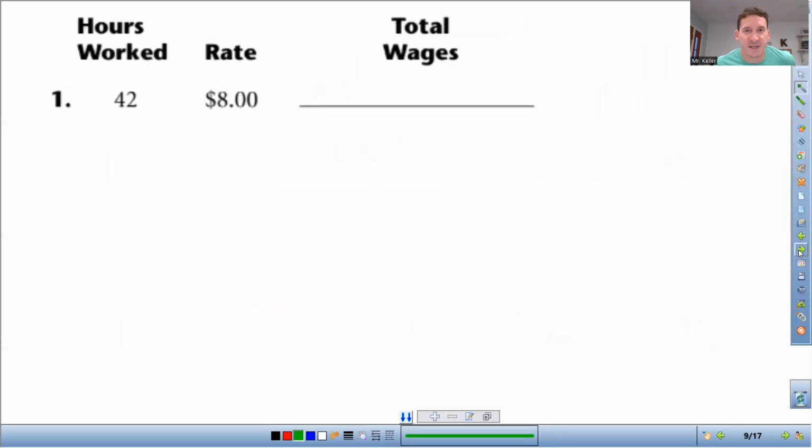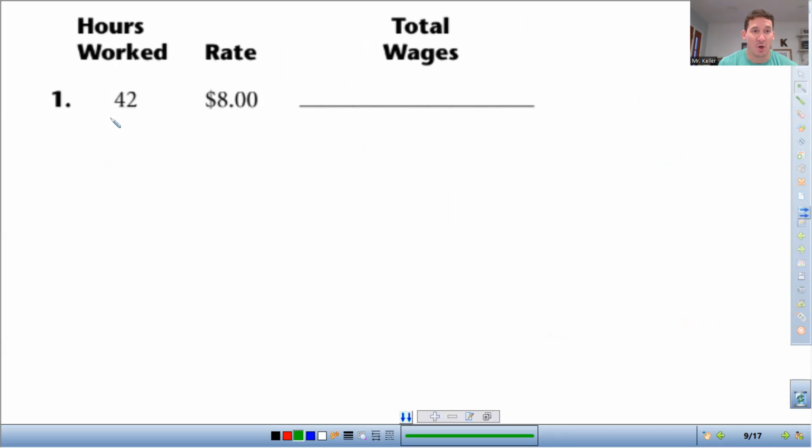What can be more challenging is calculating out total wages. For this part, we're just going to assume the overtime rate applies when working more than 40 hours per week.